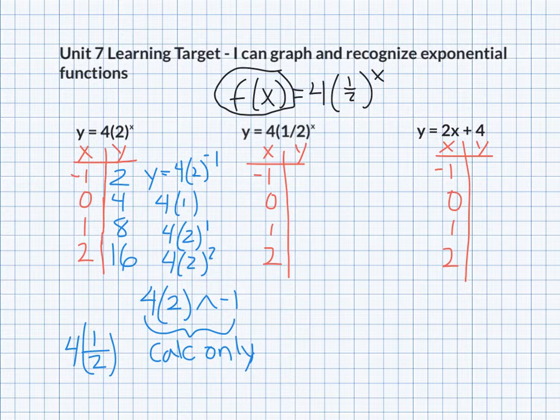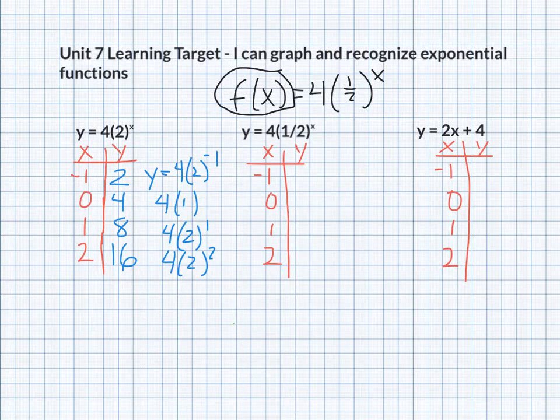Okay, I'm going to erase some of this stuff down here. I don't want that right now. But let's think about what this pattern is doing. This pattern is multiplying by 2 every time, times 2. So this is an exponential pattern. If you notice something special about this pattern, it is 4 when x is 0.